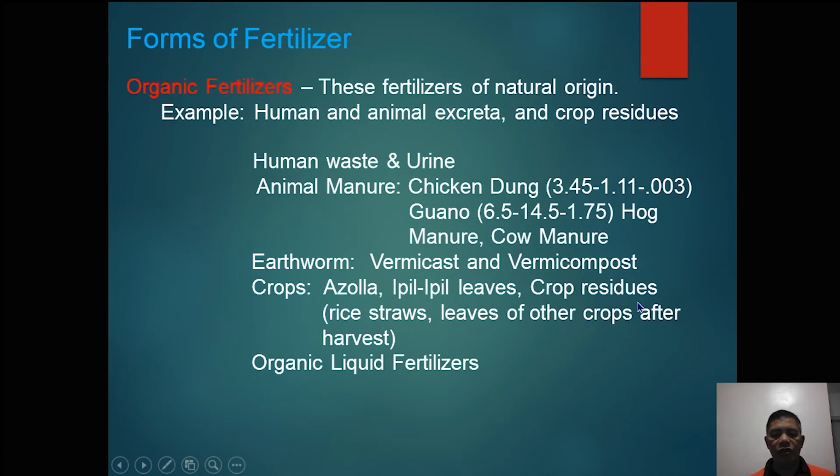These crop residues are remnants after harvesting, for example, rice straws and leaves of other crops after harvest. Then there are also organic liquid fertilizers, which you can buy from agricultural suppliers. Okay, so these are the organic fertilizers.